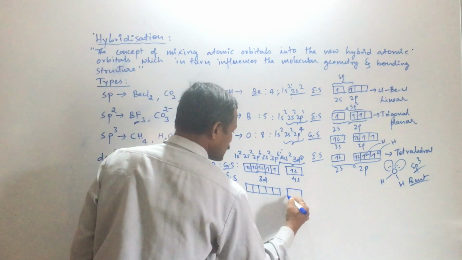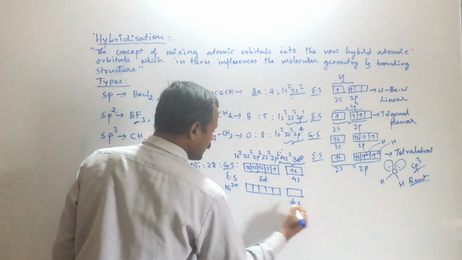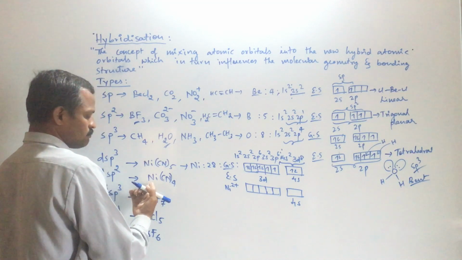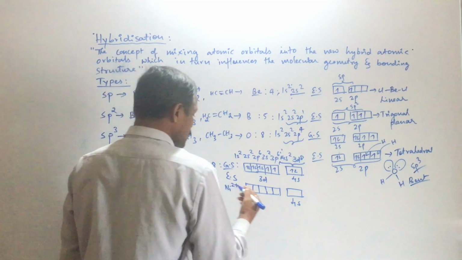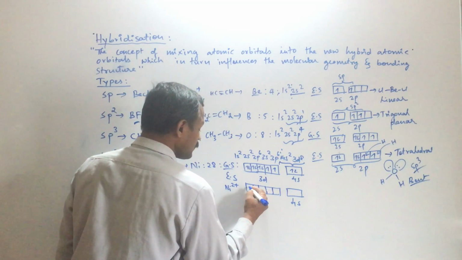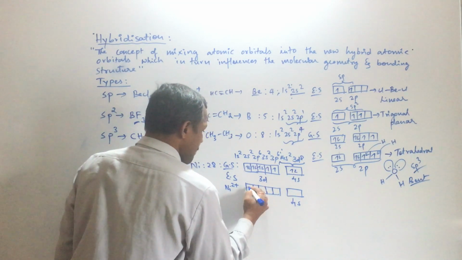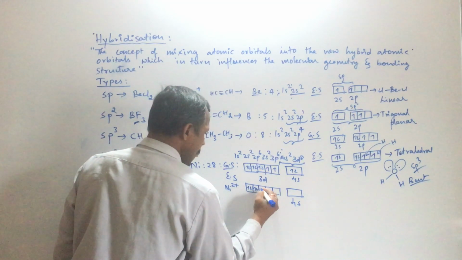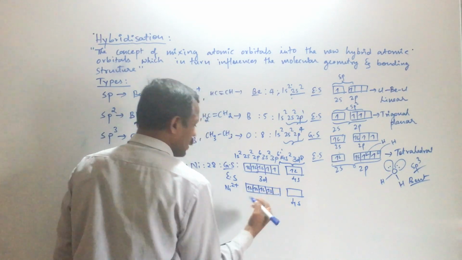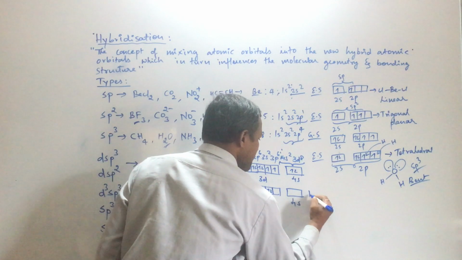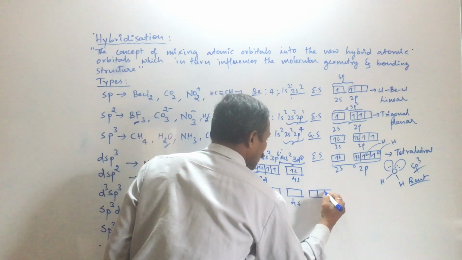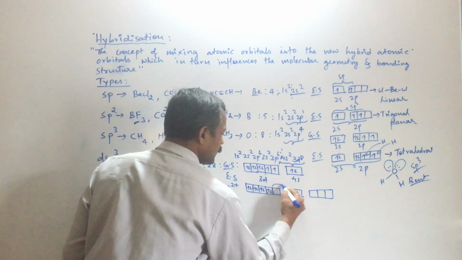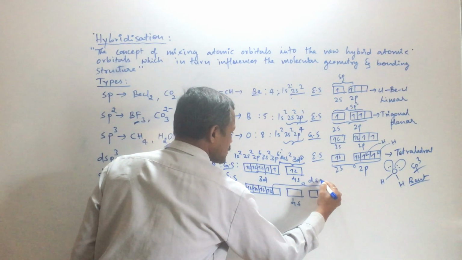So from the s, the orbital will become vacant, and the ligand which is attacking the central metal ion, nickel, is a strong ligand, hence it will pair up. Because of that, now the p orbital is vacant. Here the vacant orbitals are d, s and 3p.